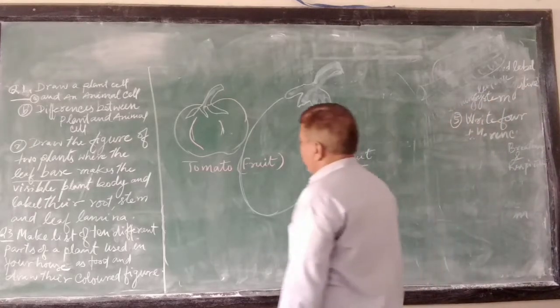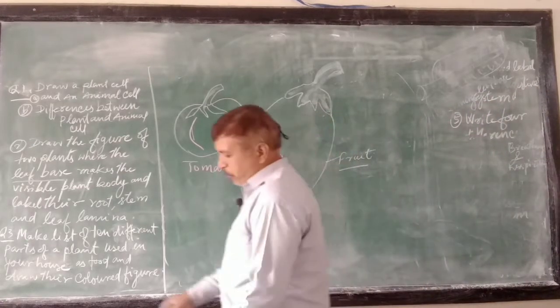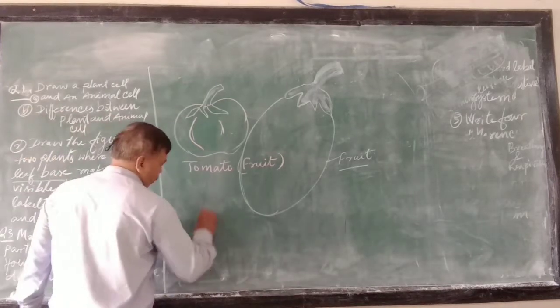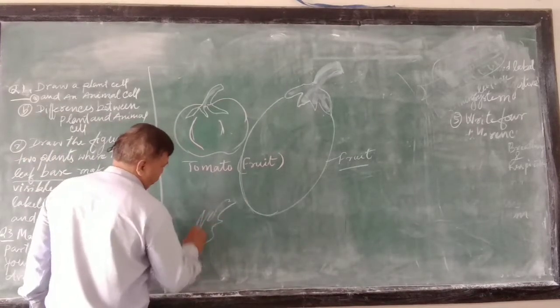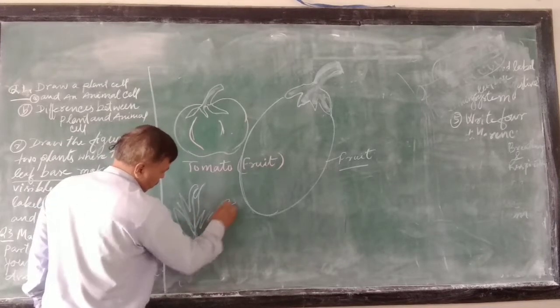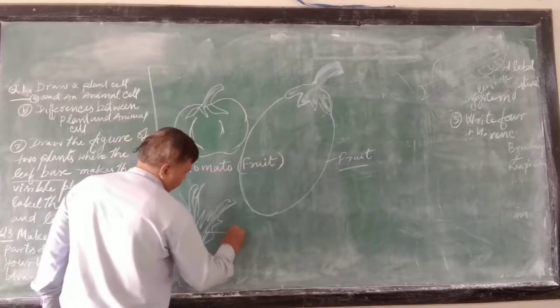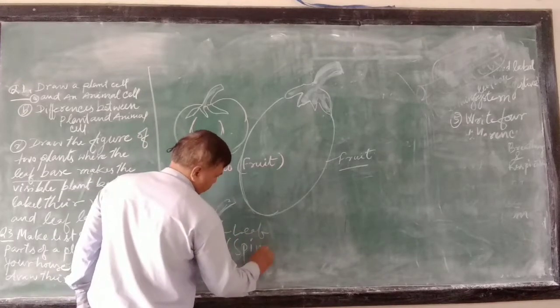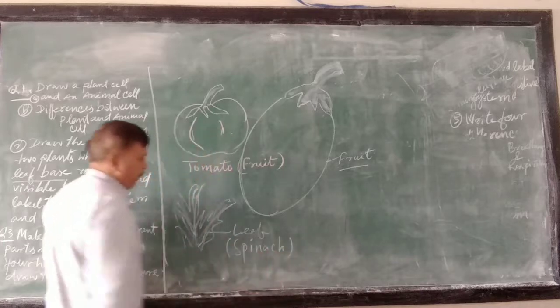Then you have to draw some leaves. What kind of leaves do we use? You use the spinach leaf, as a green leafy vegetable.